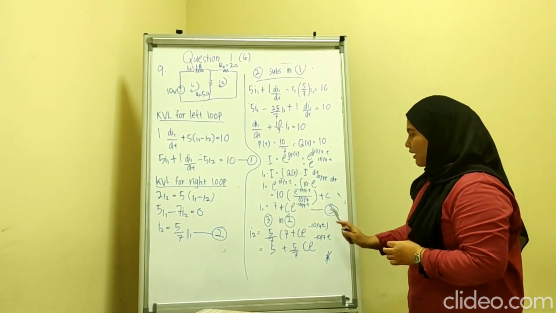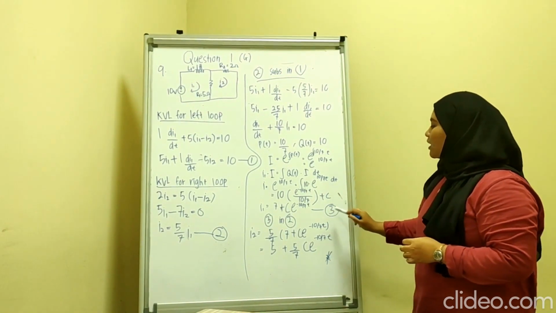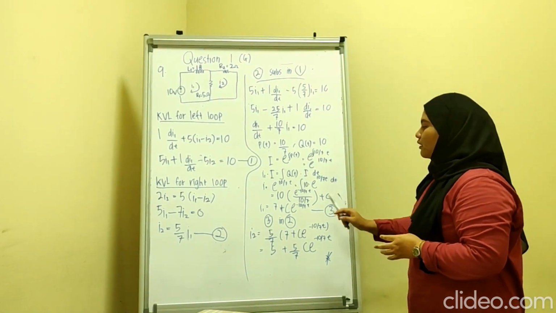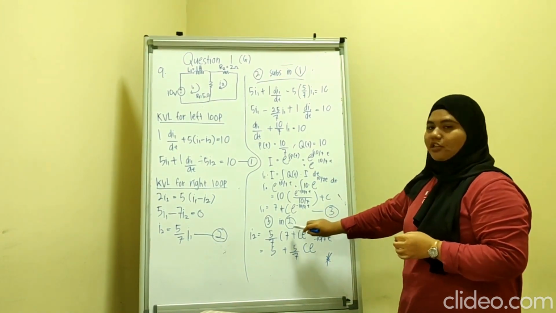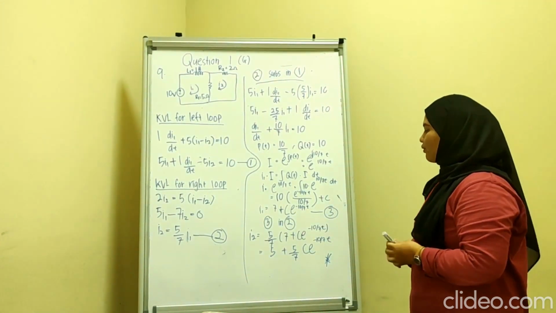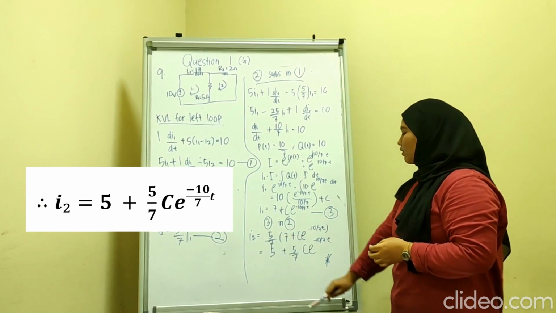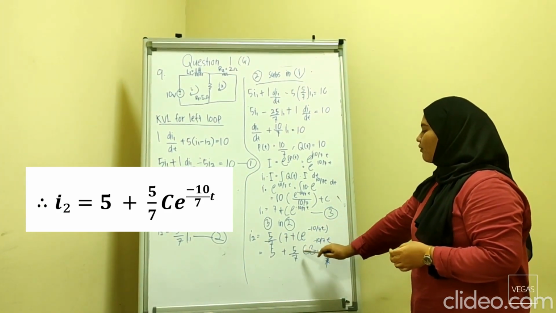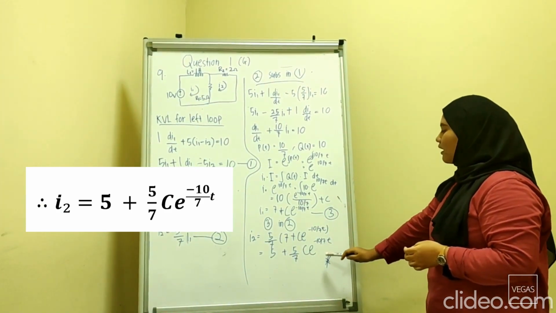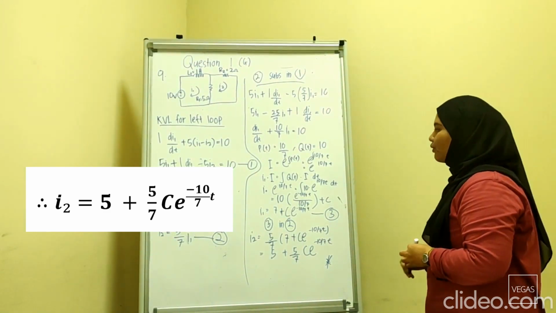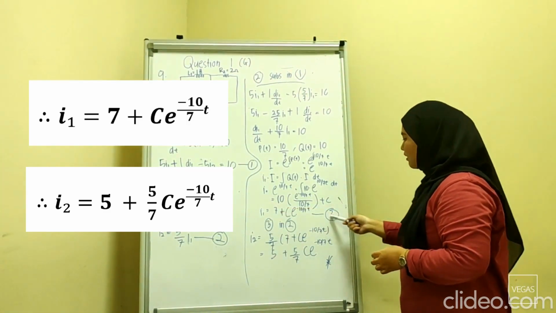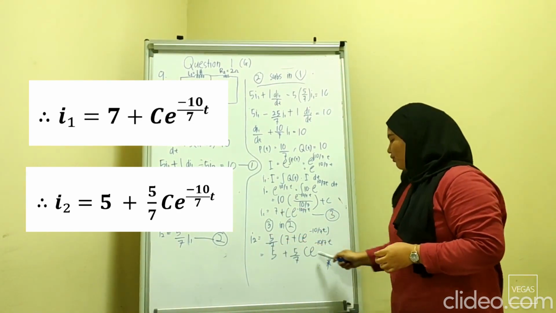So equation 3 is substituted in equation 2. So, we get I2 equals 5 plus 5/7 C e to the power of negative 10/7 t. So, we get I1 and we get I2.